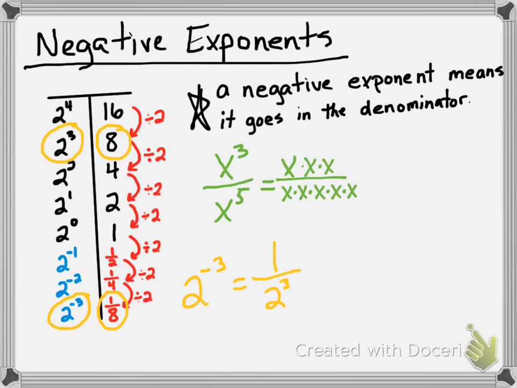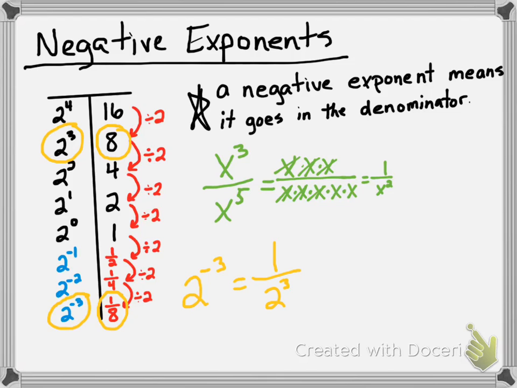Since I have x's on top and bottom, I can cancel some out: 1 from the top, 1 from the bottom, three times. This time I ran out of x's on top, so my numerator is a 1, because there's a 1 on top. There's nothing else, just the 1. And in the denominator, I have x times x, which is x squared.